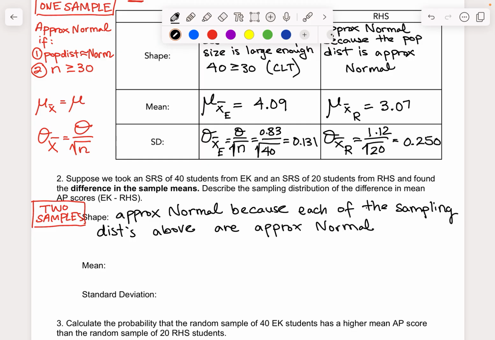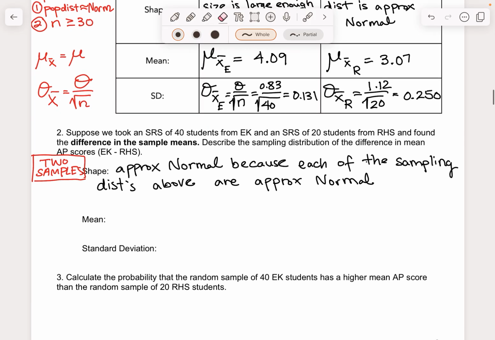Okay, that was true when we did differences of proportions too. As long as the two subpopulations are normal, then we're guaranteed that the sampling distribution of differences will be normal as well.